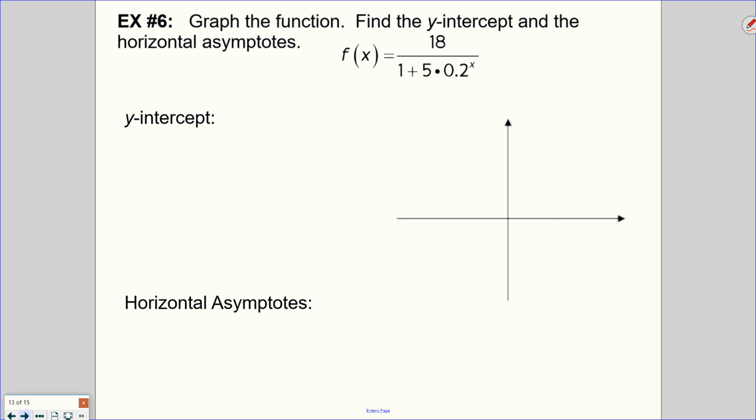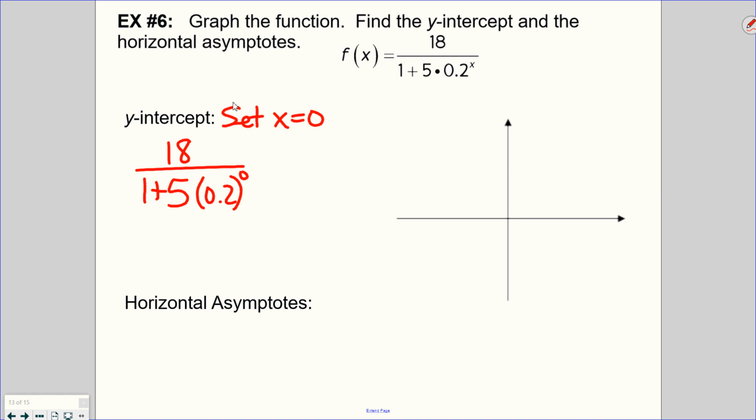So if I want to graph this function, well, it's just like anything else. I have to figure out some things to see what's going on here. So y-intercept. Y-intercepts are always set x equal to 0. So you would have 18 over 1 plus 5 times 0.2 to the 0.